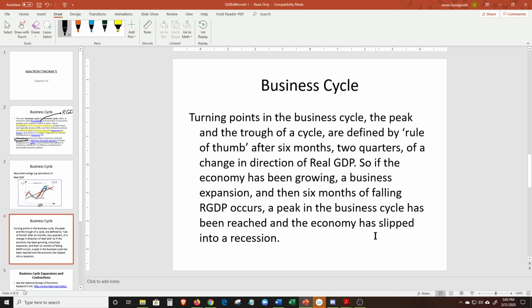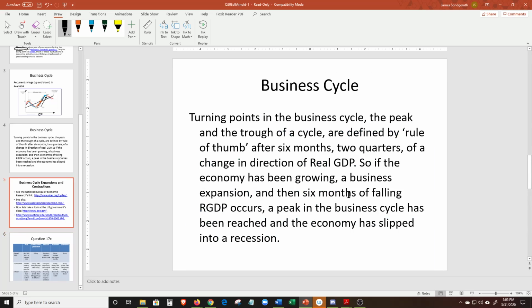They call the peaks and the troughs, okay? So you have to have at least 6 months of a change in direction. So if GDP shrinks for 2 or 3 months and then turns around, that'll just be a little blip, won't be a recession. Or an expansion if we're in a recession, okay?